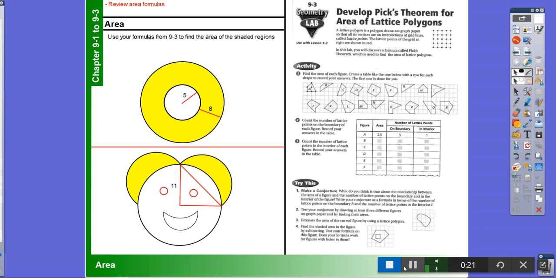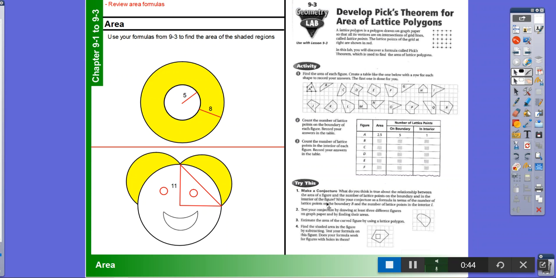For developing Pick's theorem for the area of a lattice polygon, what I would suggest is, when you make your conjecture here, go ahead and post a comment to the link that this video is attached to with your findings.